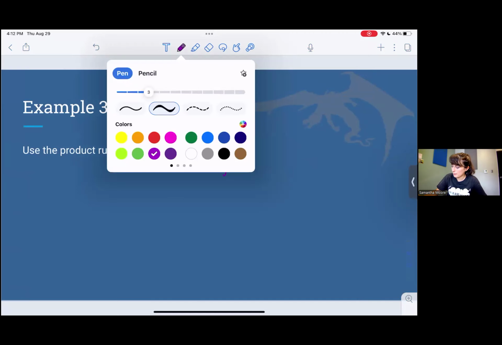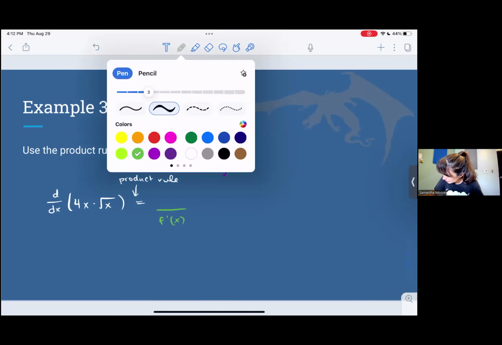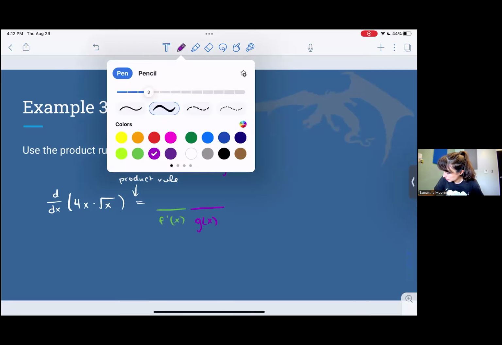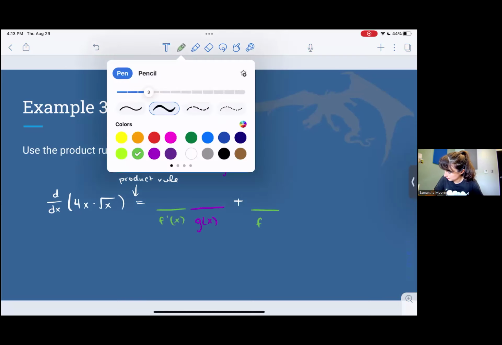And so by the product rule, I should get f prime of x times g of x plus f times g prime.